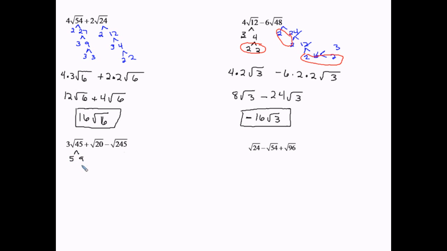45 is 5 times 9, which is 3 times 3. So this gives me a 3 that's already there, and the 3 I pull out with a 5. 5 times 4, so 2 with a 5. And so here's another good thing. Once you've got the first one as a 5, you can use 5 every time to try to see if that is going to match. So 245 divided by 5 is 49.